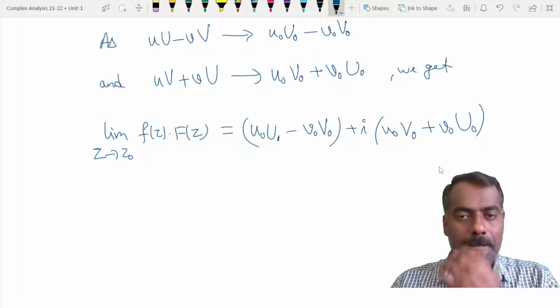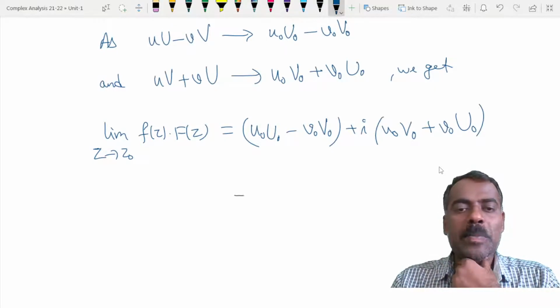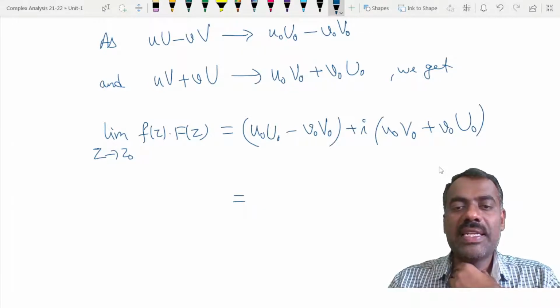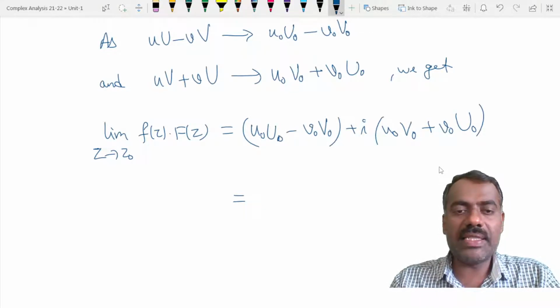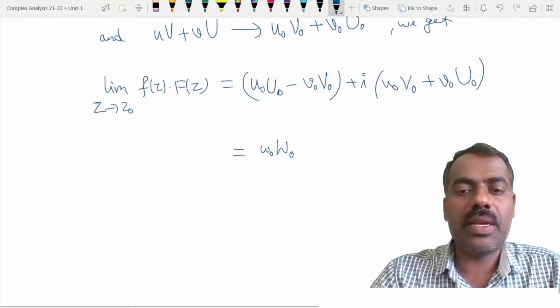Is this clear? Yes or no? This again you rewrite in this way, then you can check that this is the same as w naught times capital W naught, right?